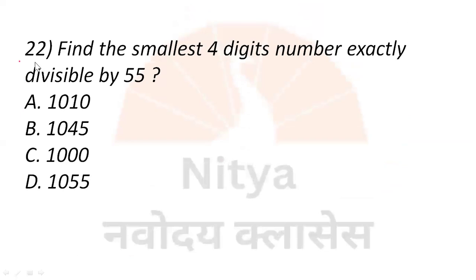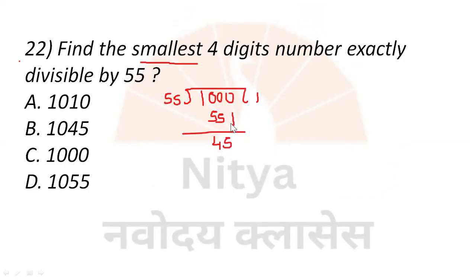22. Find the smallest 4-digit number exactly divisible by 55. So the smallest 4-digit number is 1000. Divide by 55. 55 ones are 55. 100 minus 55 is 45, and you bring down 0. 55 eights are 440.